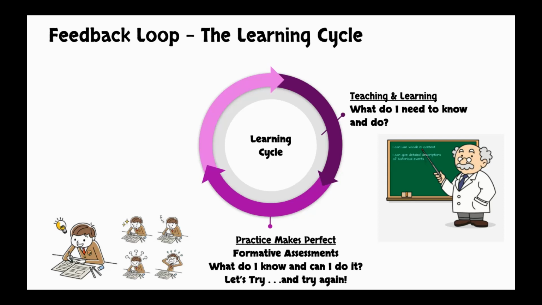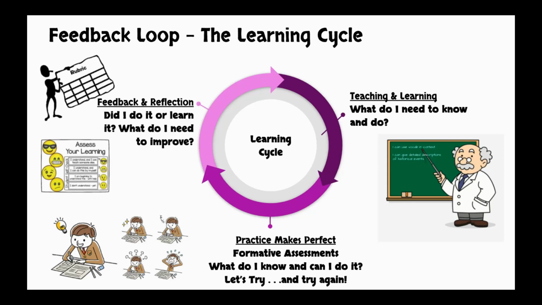And each time a student practices it, they get feedback. They get information back from the teacher that tells them what little tweaks they need to do to improve and try and relearn it. Finally, the students get that feedback, and they also should do some personal reflections. Did I learn it or not? And what do I need to improve on as a student to continue? And then the cycle just continues. So it's a constant feedback loop.